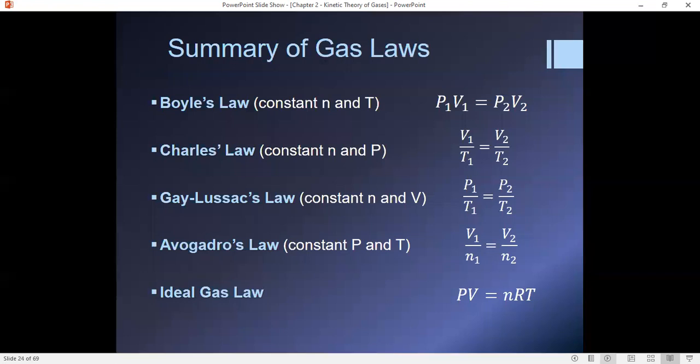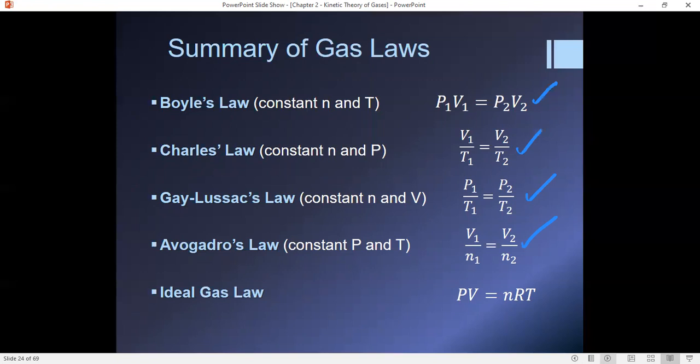So here is the summary of the gas laws: Boyle's law, the Gay-Lussac law, Charles's law, Avogadro's law. Each of these laws basically says that some combination, pressure times volume, volume divided by temperature, pressure divided by temperature, volume divided by the number of moles, is constant if the other physical parameters are held constant.